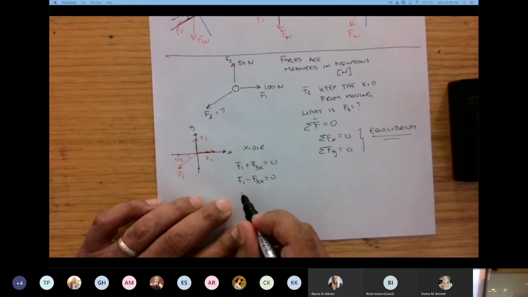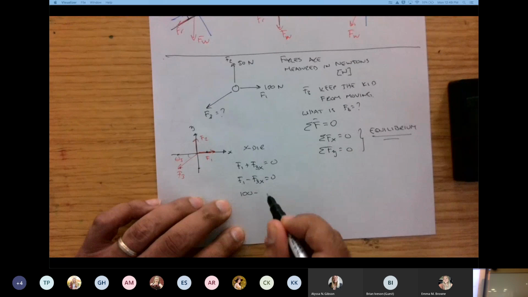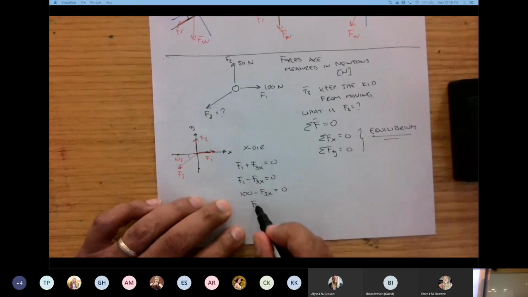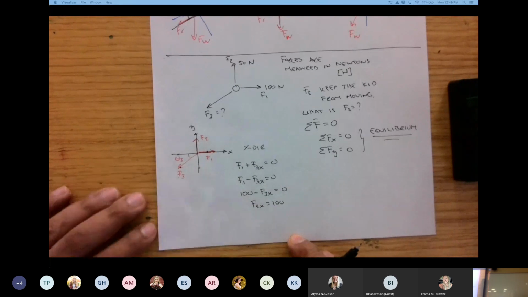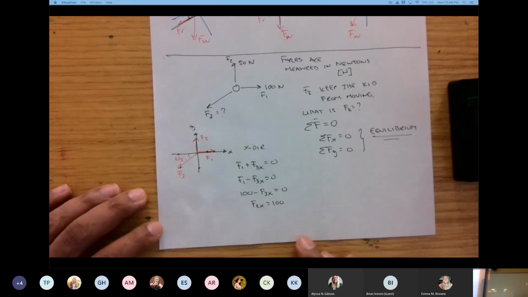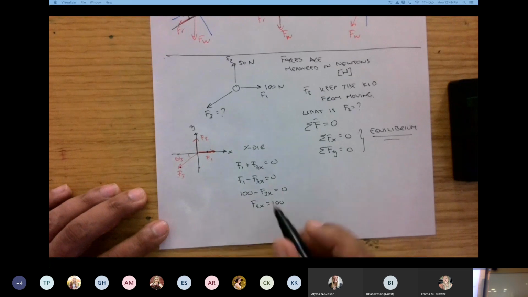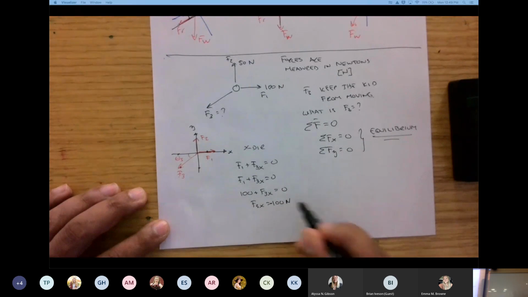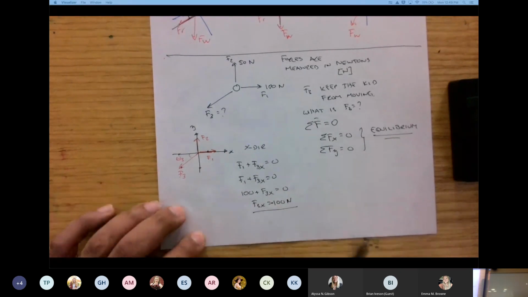So if this is 100, then F3x is also going to be 100. Well, sorry, I'm going to put it like that, negative 100, because it's pointing to the left side. So this will be the x component of F3.